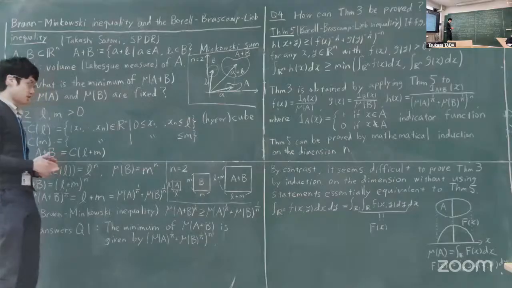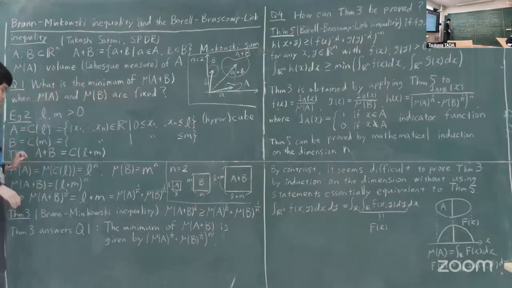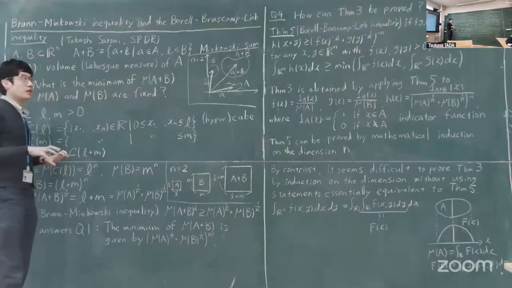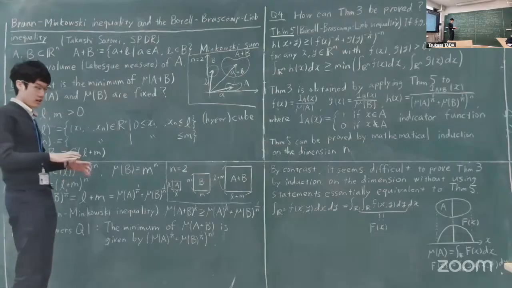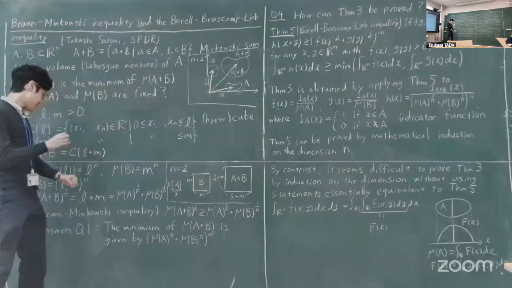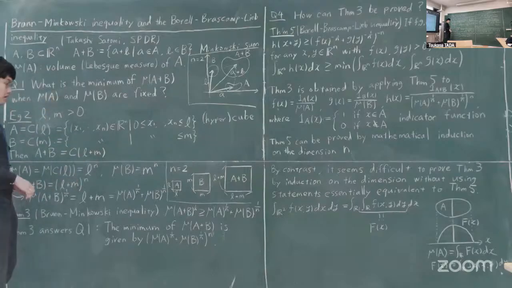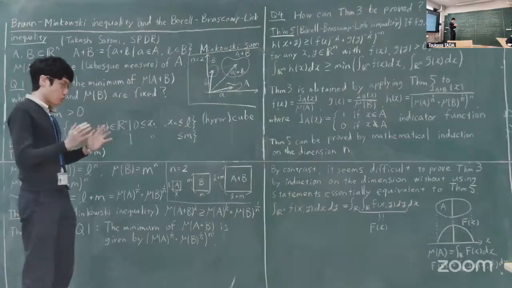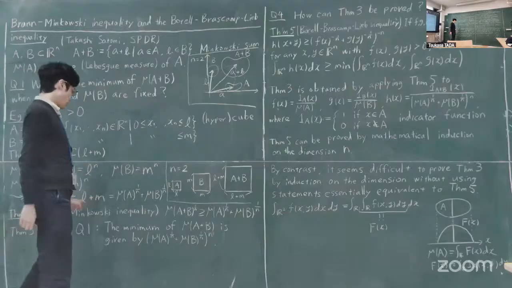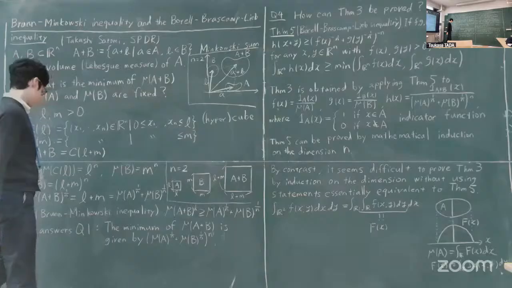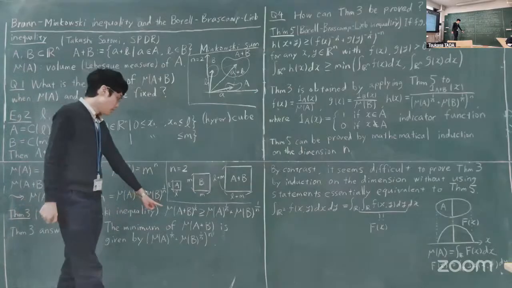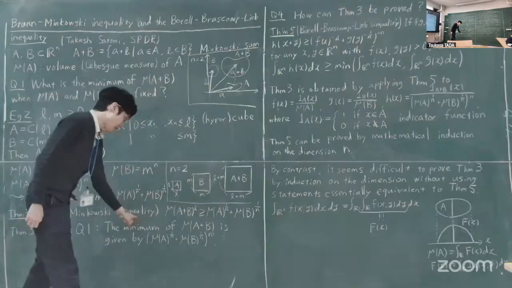The equality condition is that A and B are convex sets and they are homothetic, that is, similar without rotation. For example, if A and B are both balls, then the equality of the Brunn-Minkowski inequality holds. This theorem answers the question. Indeed, the minimum of mu(A plus B) is given by this value.